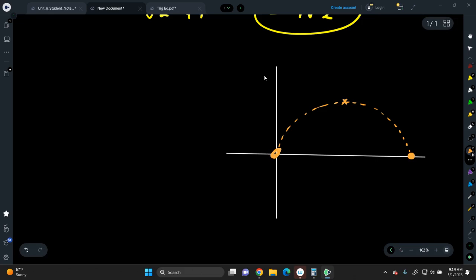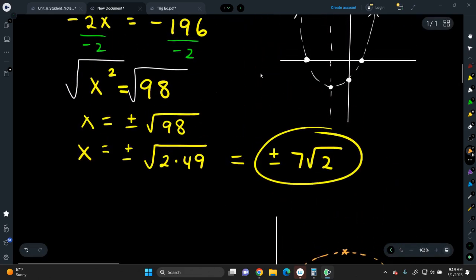Yeah, how far it travels or where it hits the ground. So knowing that x-intercept is very important, because that's telling me where it hits the ground or how far it travels. And that's what we're doing when we're solving these quadratic equations: finding where it crosses the x-axis.